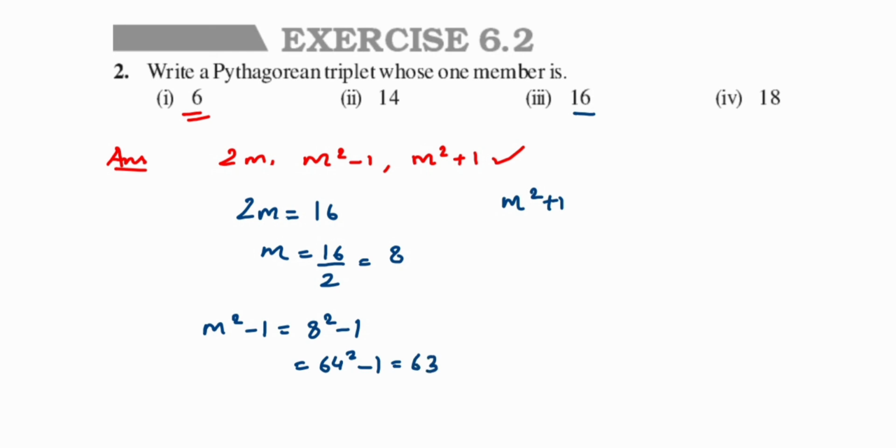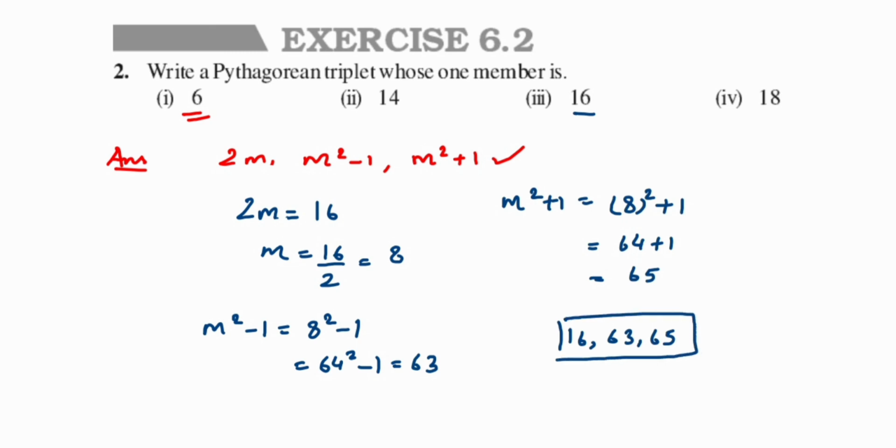Now m square plus 1 is 8 square plus 1, so 64 plus 1, which is 65. So the one number given in the question is 16, then 63, and then 65. So these are the triplets.